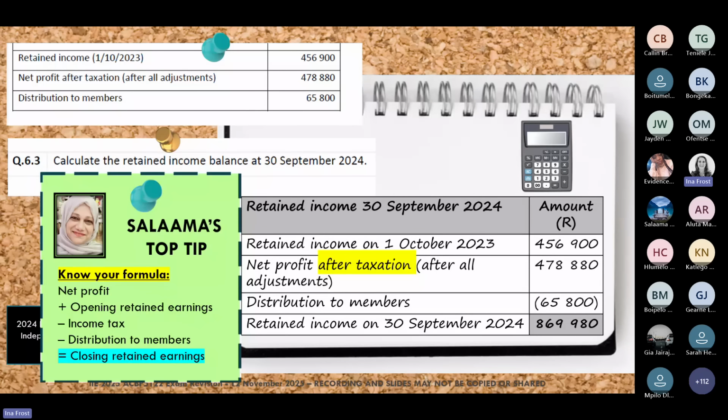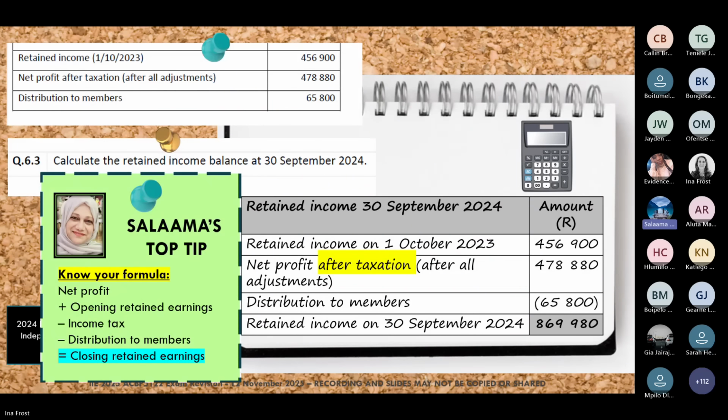Salama, I don't know if you want to say anything to the students on this, or Evidence. Hi, Ina, maybe just to remember the formula, yes, and then when they get into the exam room and they're given a question like this, to just jot that down during the reading time.